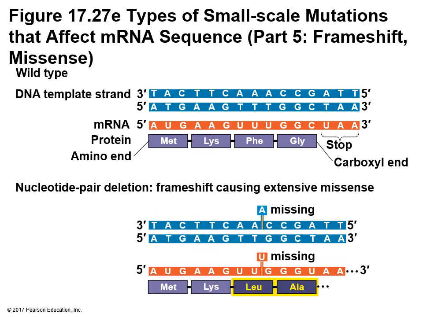Here we have an example of a deletion mutation. So again, we have TAC, TTC, AAA, CCG, ATT. We have 5 triplets, but we're going to delete one nucleotide. We're going to delete the third A in the third triplet. So A is missing. And this is also going to cause a frameshift mutation because removing 1 is going to change the order. So we have TAC, TTC, AAC instead of AAA in the original.